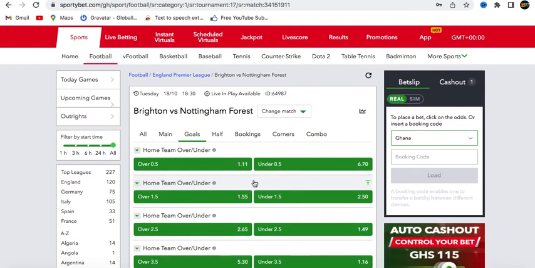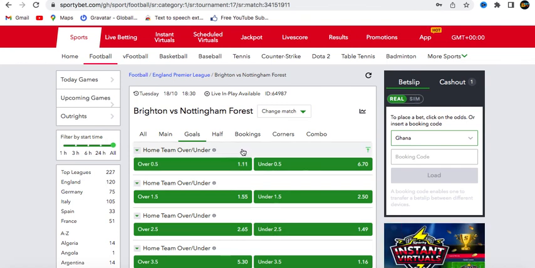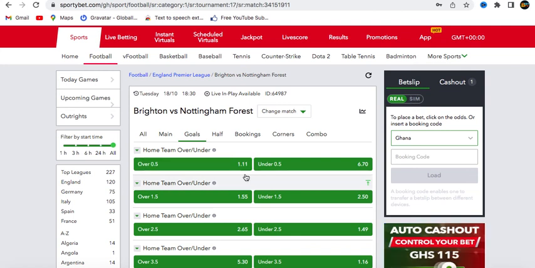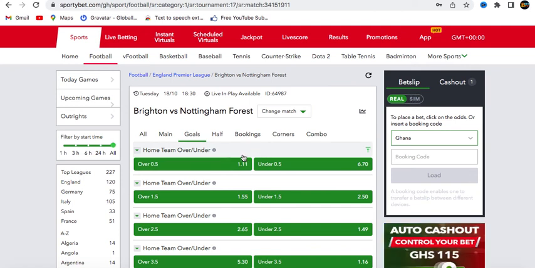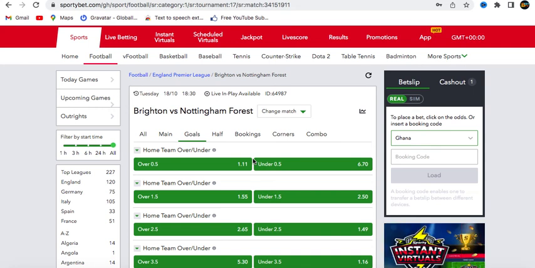So if this couldn't happen, then all the 3 goals could happen for the home team. If 2-1 couldn't happen, the home team could score 2-0 or 3-0. So the correct score for this game could be 2-0, 3-0 or 2-1.